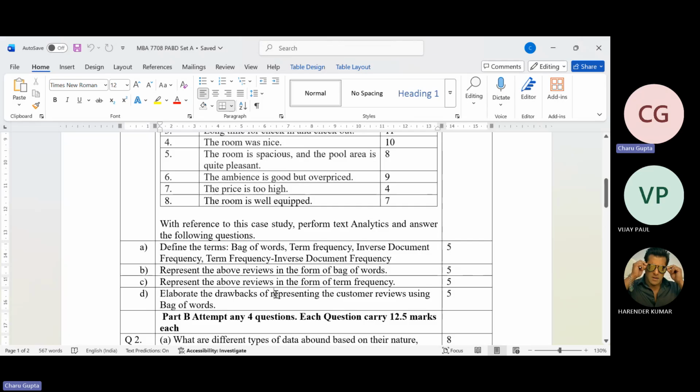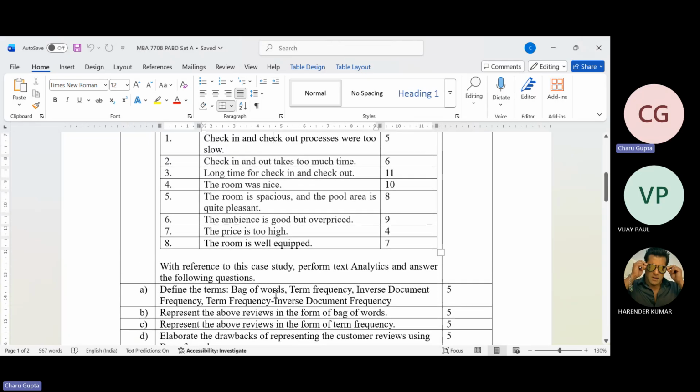Right? So this is a sample question which has come in the previous year.